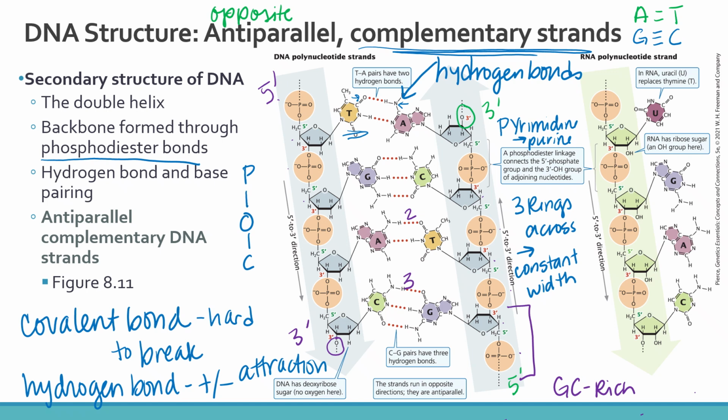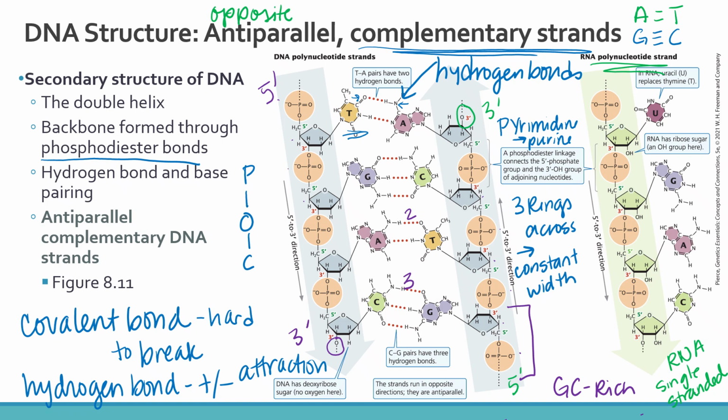We'll spend more time on our RNA molecule when we get to chapter 10, but in our RNA molecule, we also have that sugar phosphate backbone with the phosphodiester bonds in between and the nitrogenous bases coming off the side. The difference is that RNA is going to be a single-stranded molecule, and its secondary structure is going to be based on the function of that molecule.